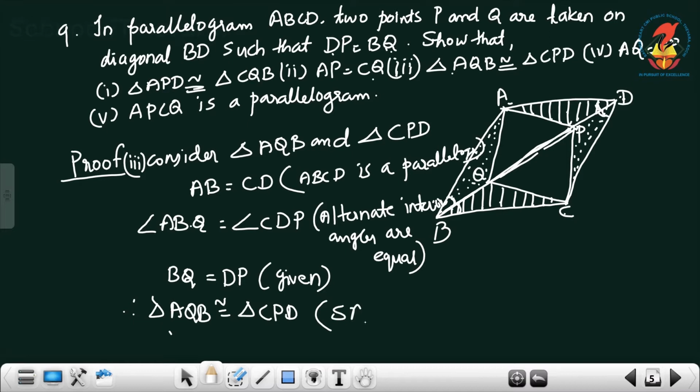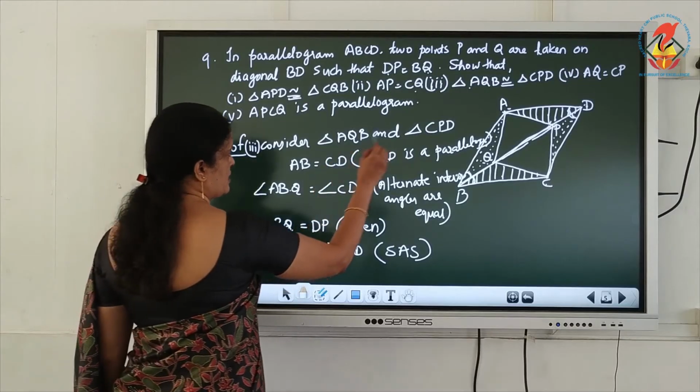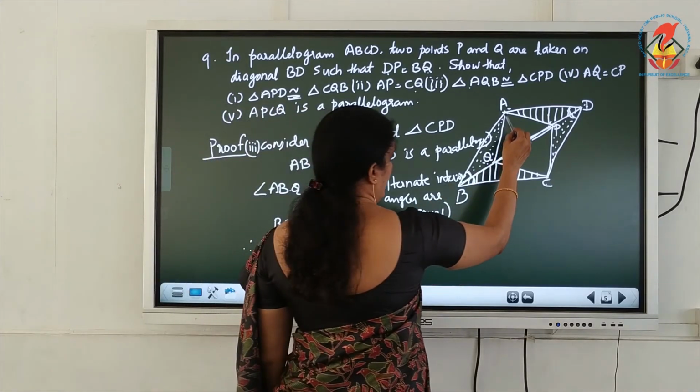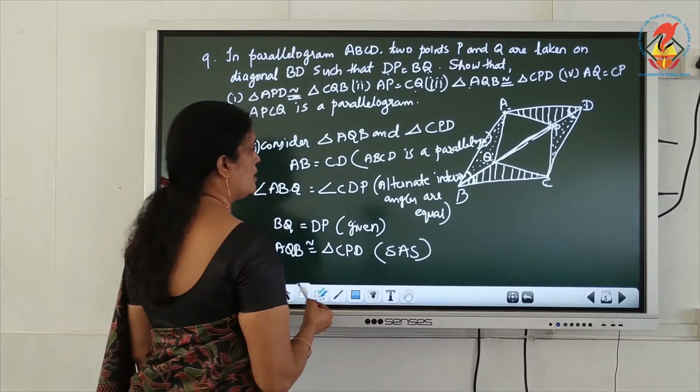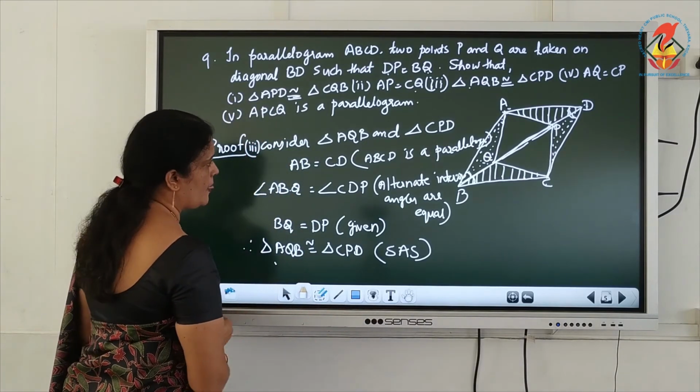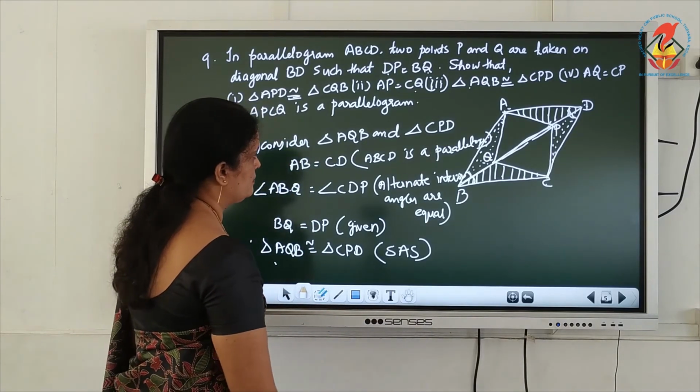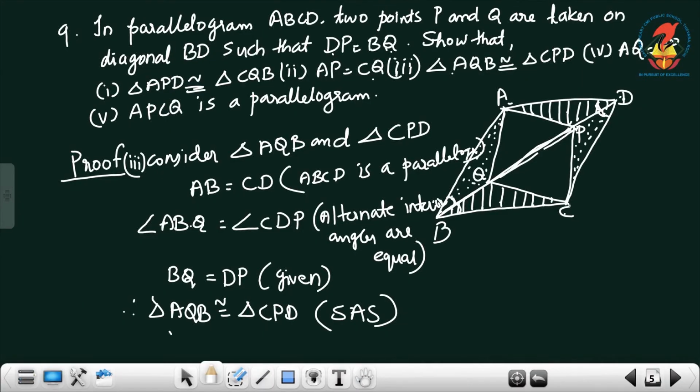SAS congruence criterion. These two triangles are congruent, so definitely AQ and CP are equal sides. AQ equal to CP, corresponding parts of congruent triangles.